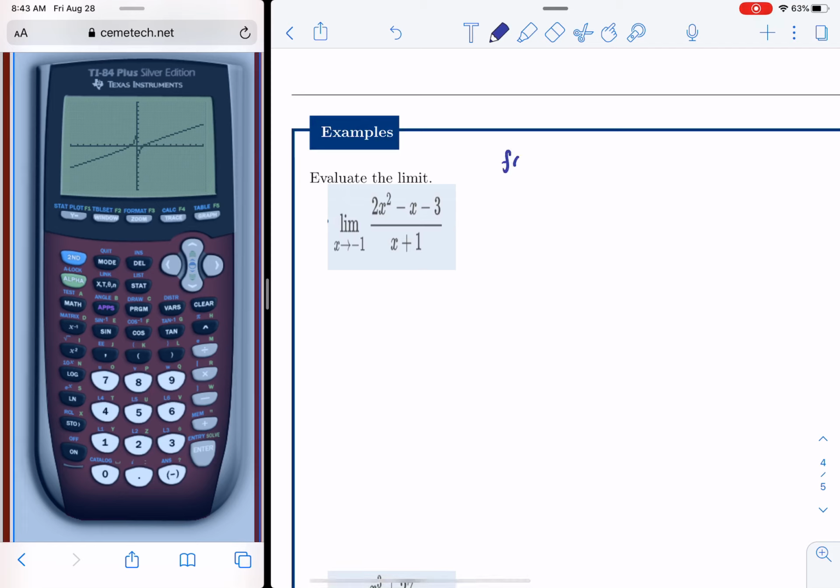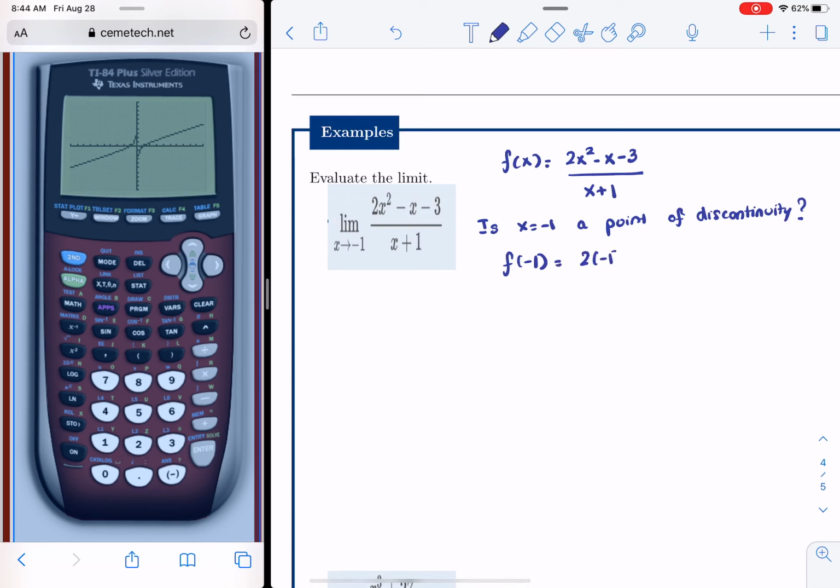So here, f of x is 2x squared minus x minus 3, and we divide that by x plus 1. We want to evaluate the limit as x approaches negative 1. So the first question to ask is, is x equals negative 1 a point of discontinuity? So plug in negative 1 for x.